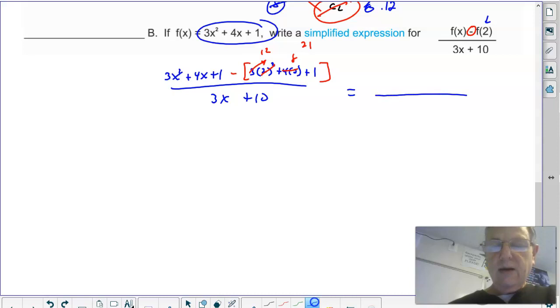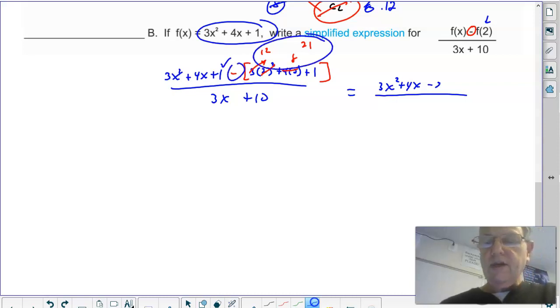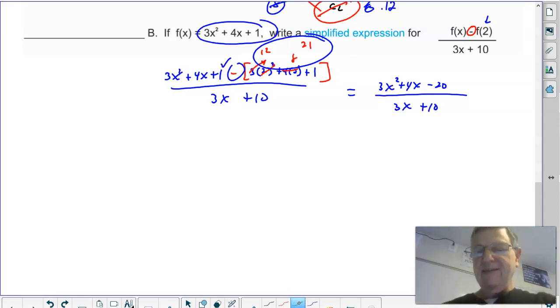So notice my top now, 3x squared plus 4x, and then 1 minus 21 is a minus 20, all over 3x plus 10. Now, if you wrote that as the answer, you are so close, because I've got to see if this thing reduces, 3x and x.